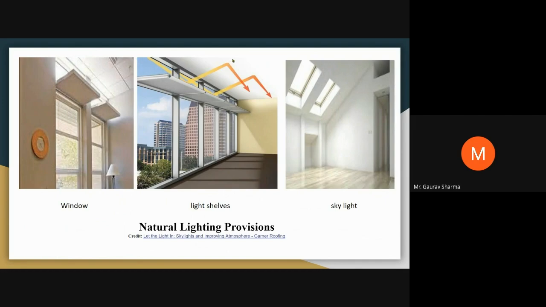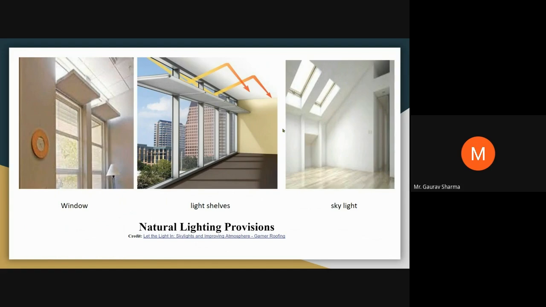You are using the reflected radiation indirectly, and I told you that reflective light is going to provide us the most beautiful light, because it is dispersed light. This dispersed light will be very helpful while you are studying or reading something. The diffuse light is considered good because it is glare free light.